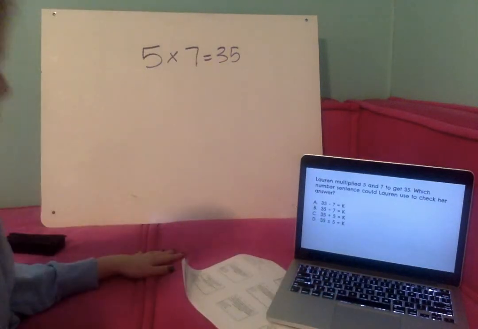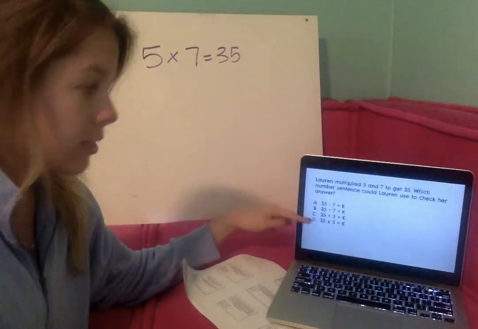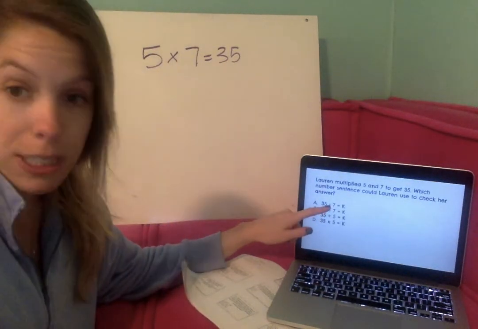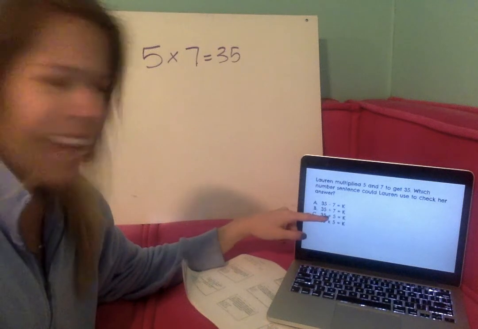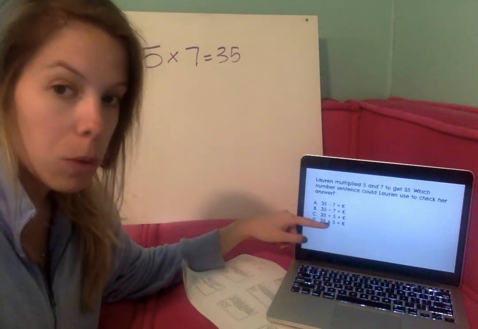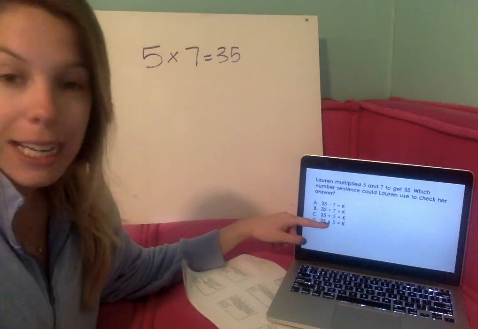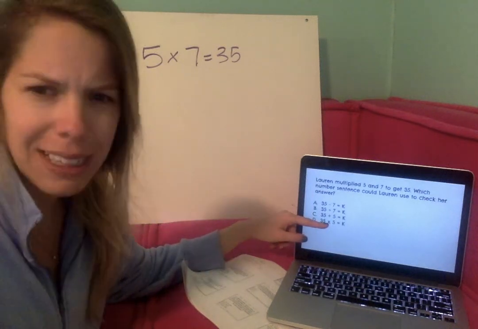Now, 5 times 7 equals 35 is not one of our answer choices. We have a subtraction symbol, a division symbol, an adding symbol, and a multiplication symbol. Well, the way I like to do these is I like to eliminate the ones I know don't make sense.